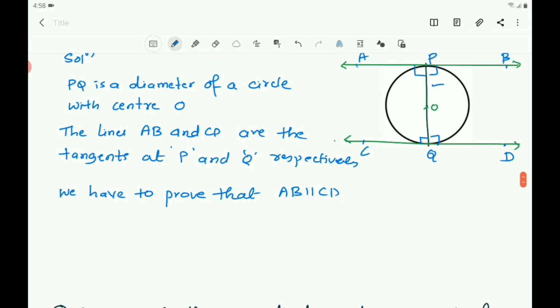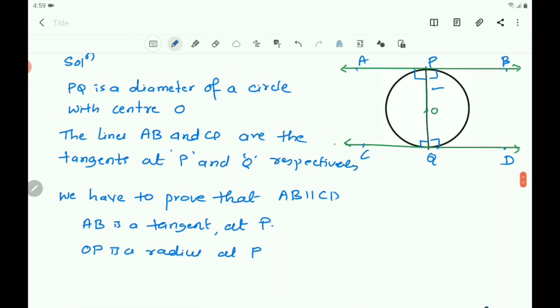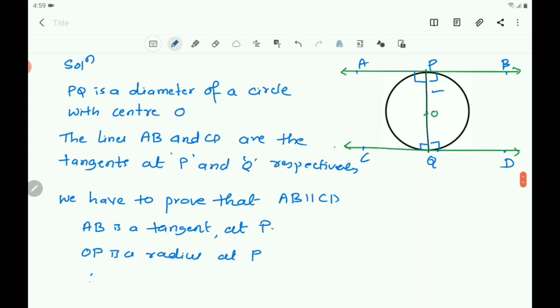So you write: AB is a tangent at P and OP is a radius through the point of contact, a radius at P. Therefore, what can you write?